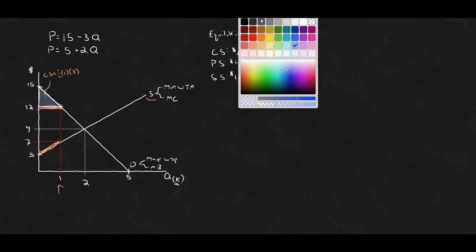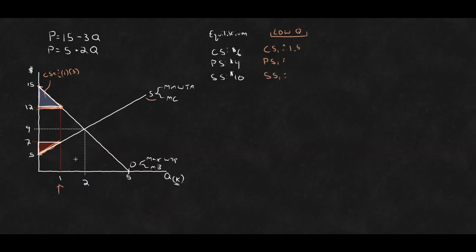We get, and let's use red for this, for the producer, we get this bit here, which is a triangle. This I'll call producer surplus 1. And then we also get, we'll use the box tool, this area here, and we'll call that producer surplus 2.